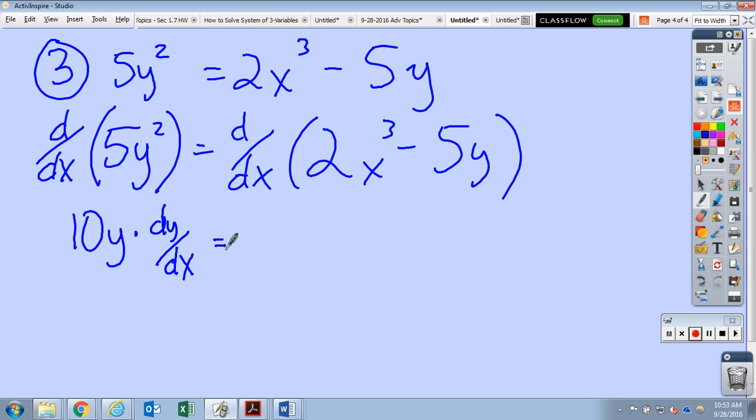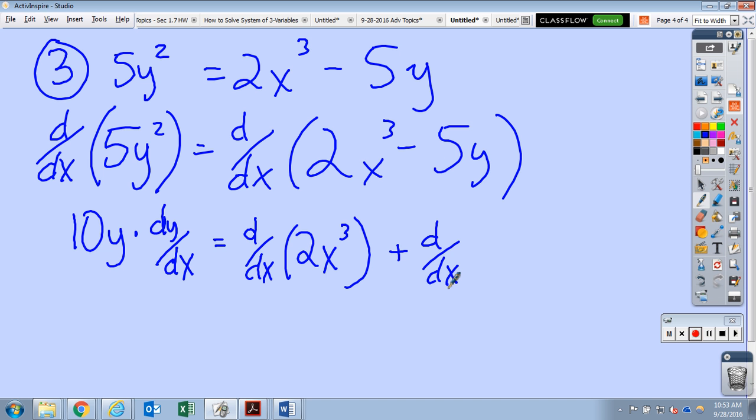Equals, again, you basically apply the distributive property. So you have dx of 2x cubed plus the derivative of negative 5y. Okay, so let's go ahead and do this.